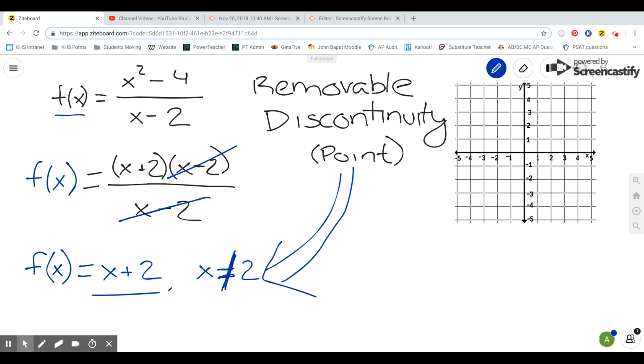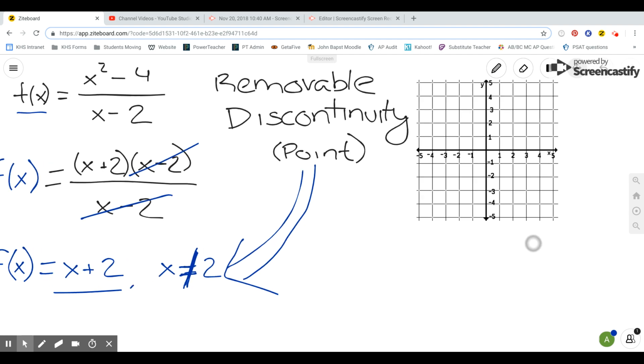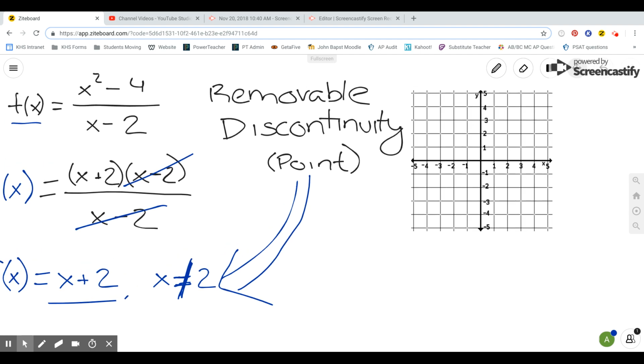So let's go ahead and graph this. We have the line x plus 2. So we have our y-intercept at 2. And then we have up 1, over 1, up 1, over 1, and then going in the other direction. And so we have this right here.